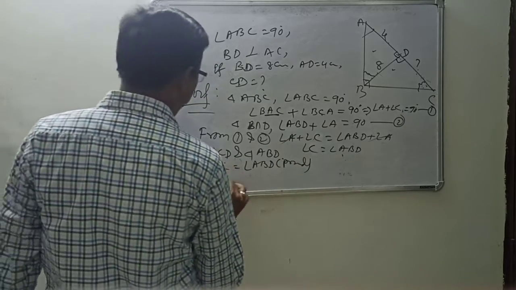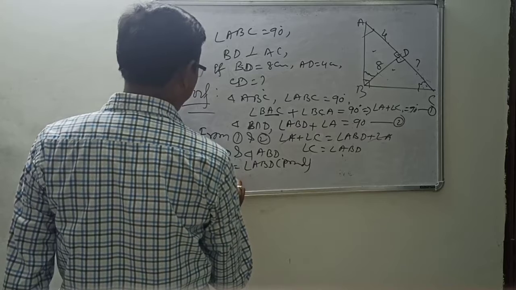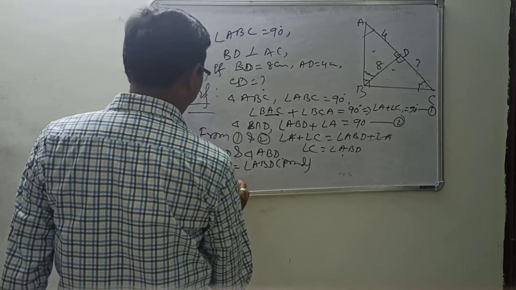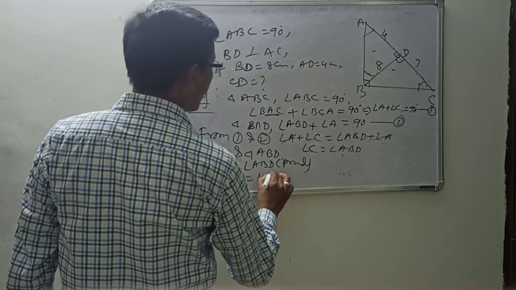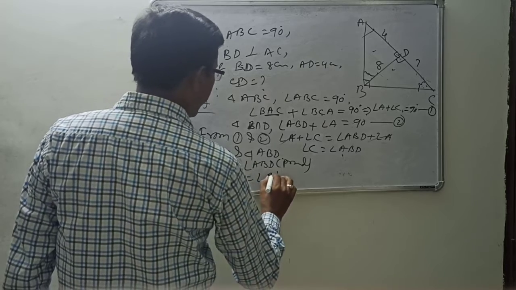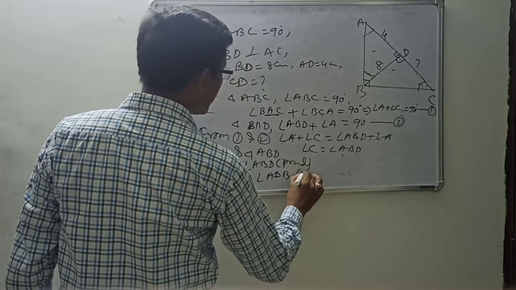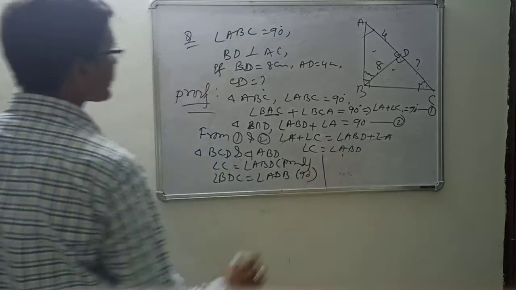And both have another angle: angle BDC is equal to angle ADB, because each one is equal to 90 degree.